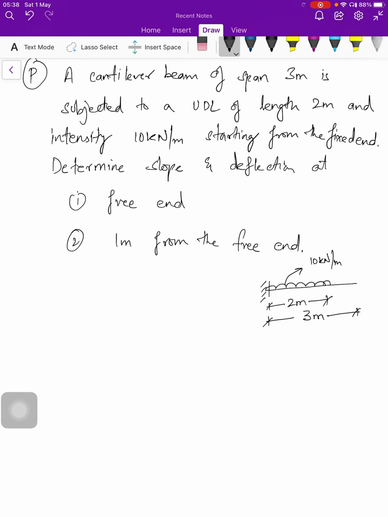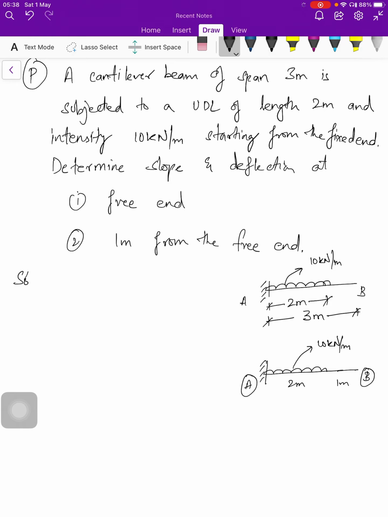Let this be A and this be B. Draw the figure neatly here. You have a UDL like this, of length 2 meters, this is 1 meter, this is 10 kilonewton per meter. Let this be A, this is B.